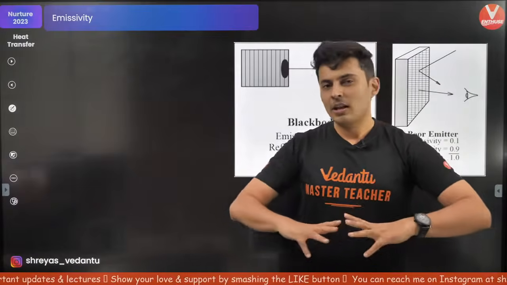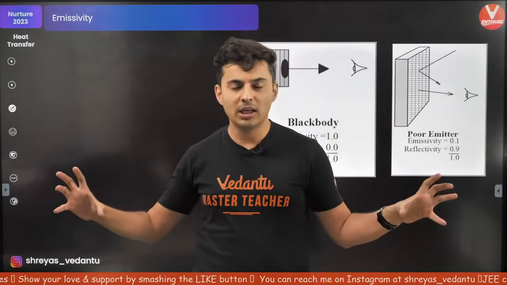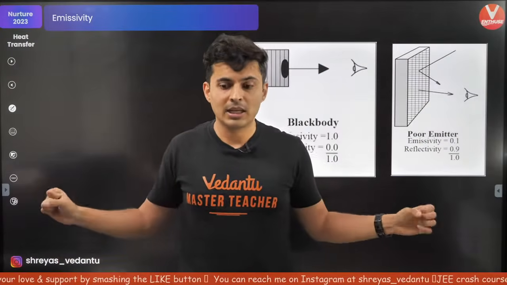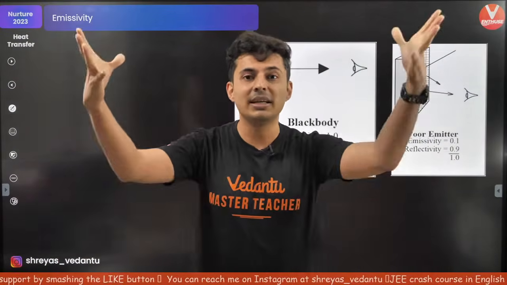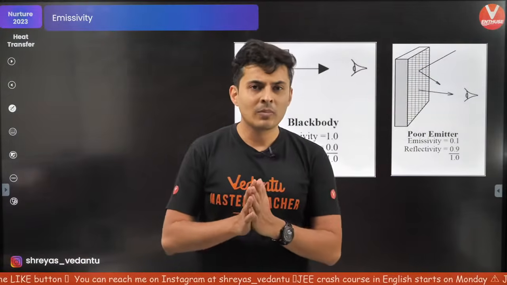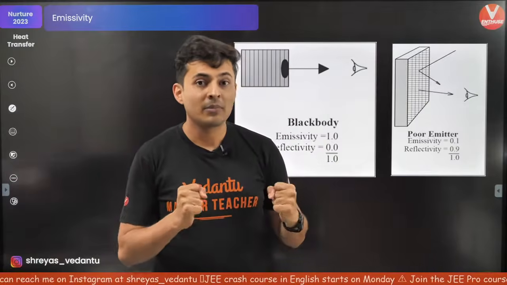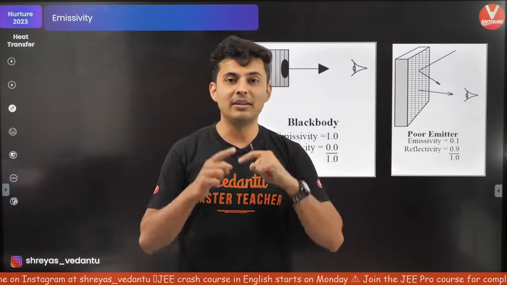Now, any normal body and any black body, if you compare how much radiation is coming out of it, you will see the black body, although it absorbs a lot, is also a very good emitter.